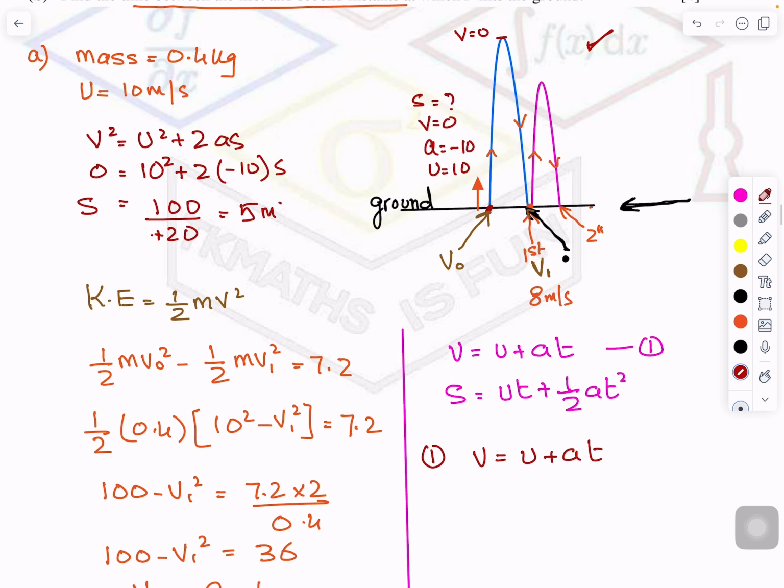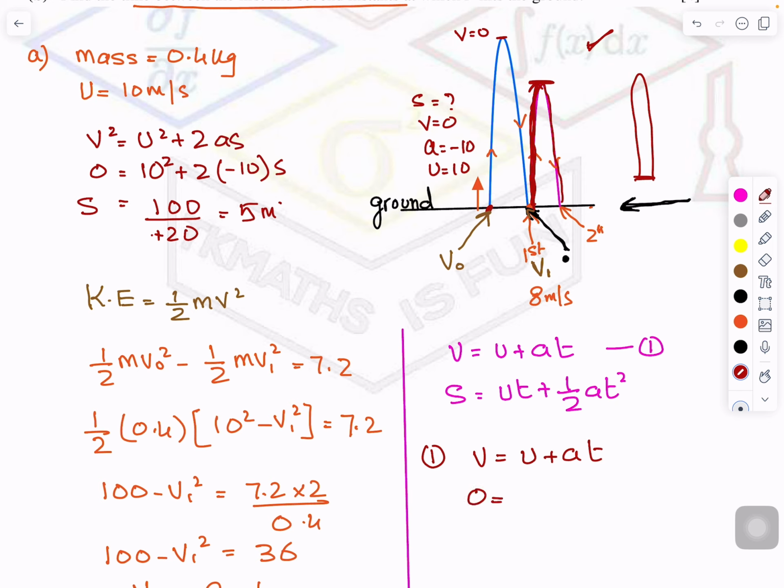When the particle goes up all the way from here till here, the time it will take, the same time it will take to come down, and this is called time of flight, right? And we know from wherever the position the particle goes up, the same time it takes to come down. So if I know the time it will take to go up, I will simply double it.